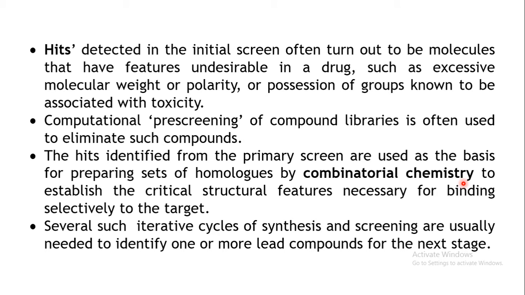You can modify the structure in such a way that all these possibilities may be ruled out, and simultaneously you can develop a number of homologous compounds which could be a future drug. So this will take you to the next step of your drug discovery.